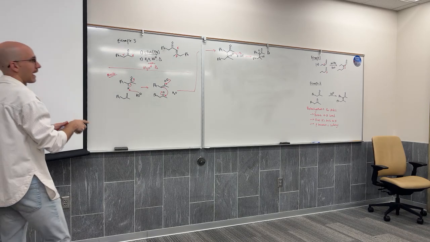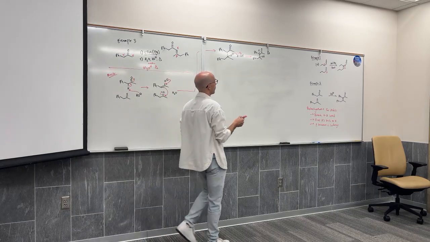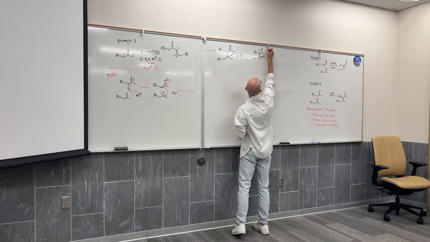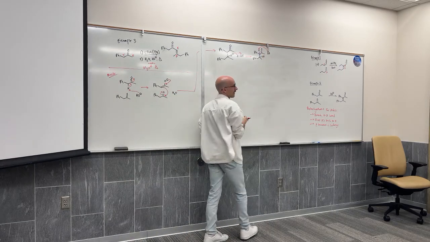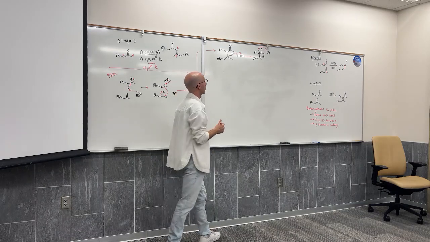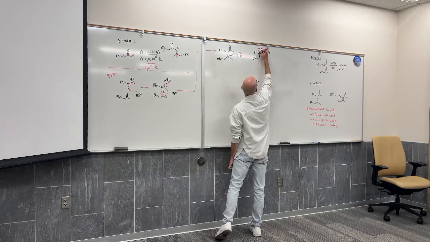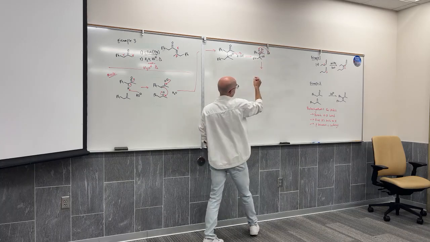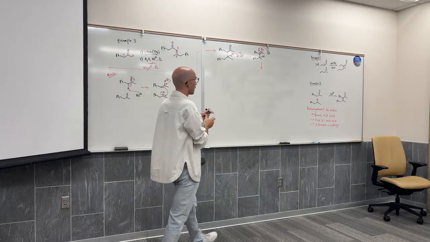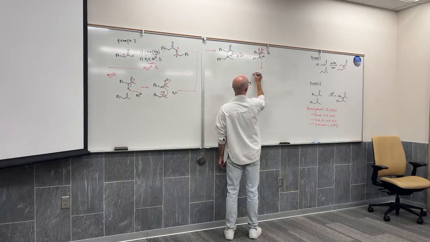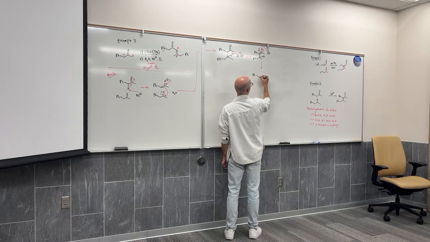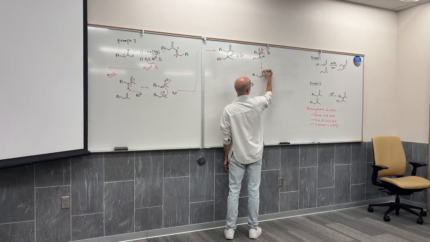Now that I've formed my aldol addition product, hydroxide deprotonates my second alpha hydrogen. I'm going to show this once again, forming the enolate in its most stable form. You could show it in its less stable form.